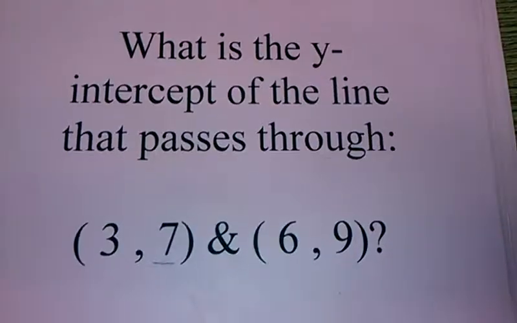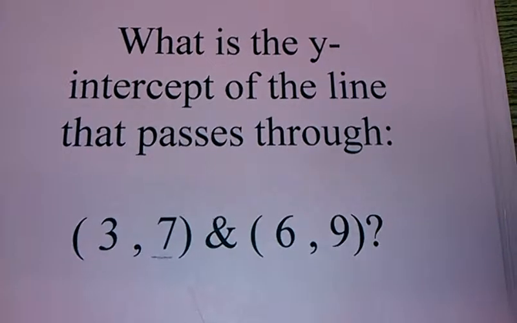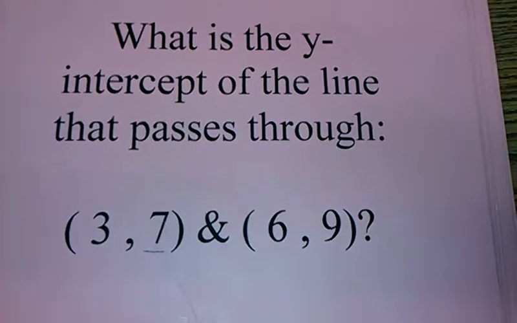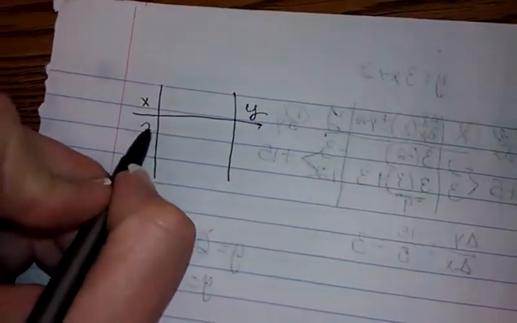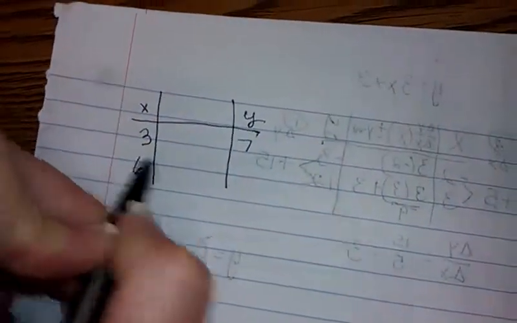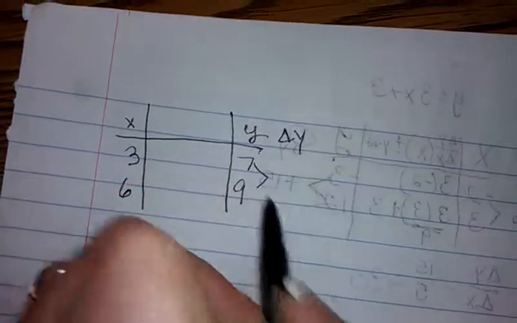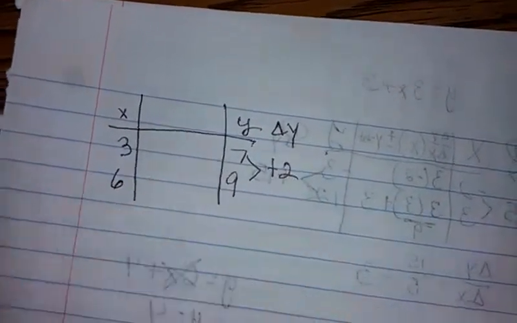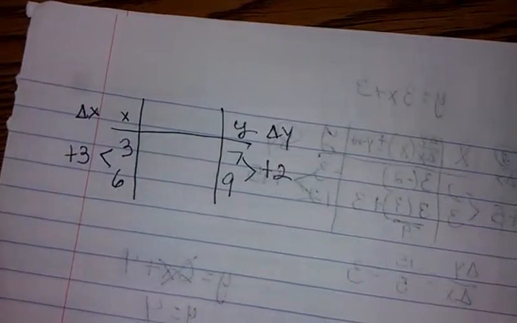What is the y-intercept of the line that passes through 3, 7, and 6, 9? Well, on this one, let's build a table and put these points in there. I have x and I have y. I have 3, 7, and 6, 9. So delta y, the change in y, is plus 2, and delta x is plus 3.